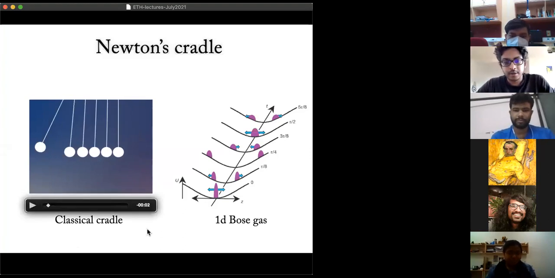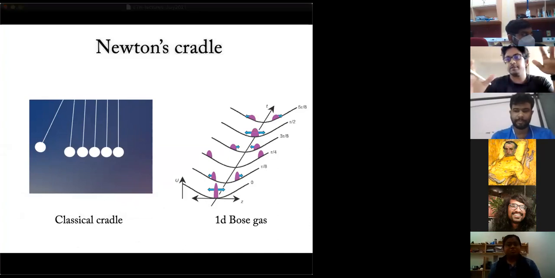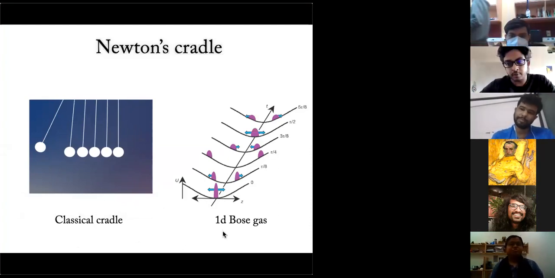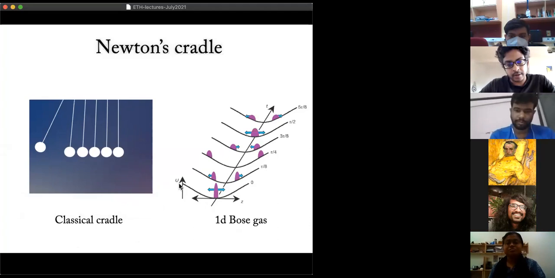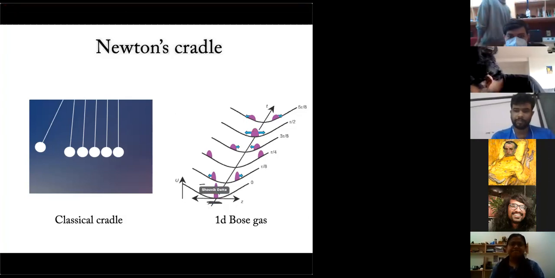But you can realize this in a quantum setting. For example, consider the 1D Bose gas again, and you can make a harmonic potential. Then you take two Gaussian wave functions with opposite momenta, a superposition of two Gaussian wave functions, one with momentum minus k and the other with momentum plus k.